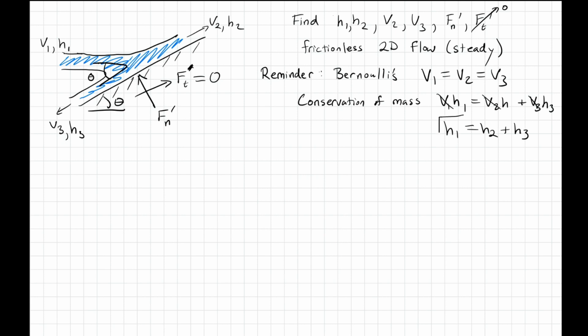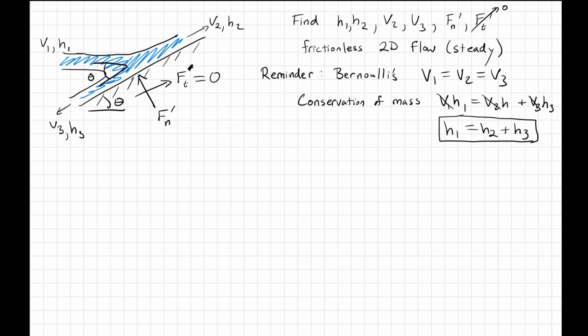So that was one thing that we found, but that doesn't actually tell you what the value of H2 or H3 is. So there's not enough information contained in Bernoulli's equation and mass conservation to actually solve for the geometry of the flow. So what we need to do to accomplish that is use conservation of linear momentum.